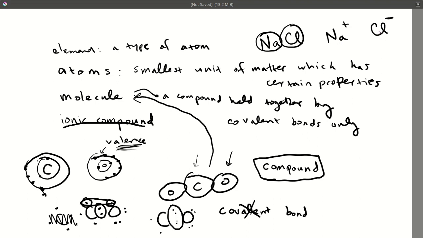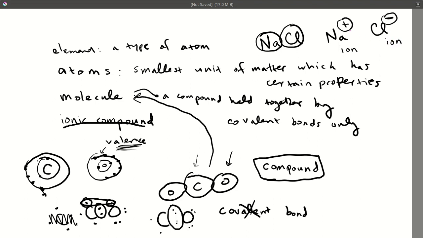This is chlorine that has been changed. It has a charge on it. This is sodium that has been changed. It has a charge on it. We'll learn more about those charges later. But for now, what you need to know is that metals and nonmetals form ionic bonds. Any atom that has a charge on it is also called an ion. This has a charge on it, so this is called an ion.